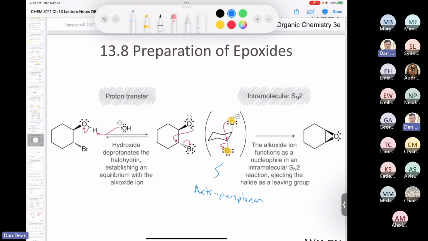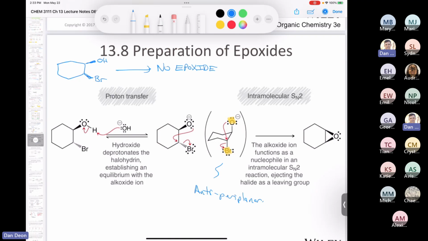So if you had the hydroxyl pointing up, and the bromine pointing up like this, you're not going to get any epoxide. No epoxide. It will not work. They have to be trans to one another. Give me a thumbs up if you'll remember that. They've got to be trans.